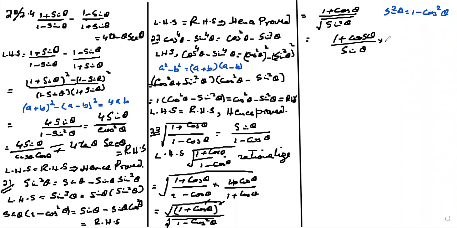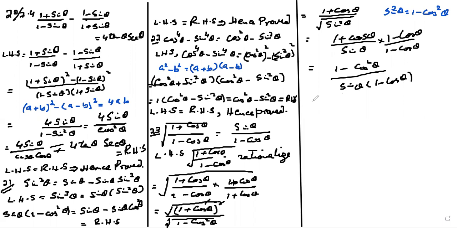We can do it once more, multiplying by 1 minus cosine theta to get this answer, okay? Over 1 minus cosine theta. So on the top, we have 1 minus cosine square theta over sine theta into (1 minus cosine theta).